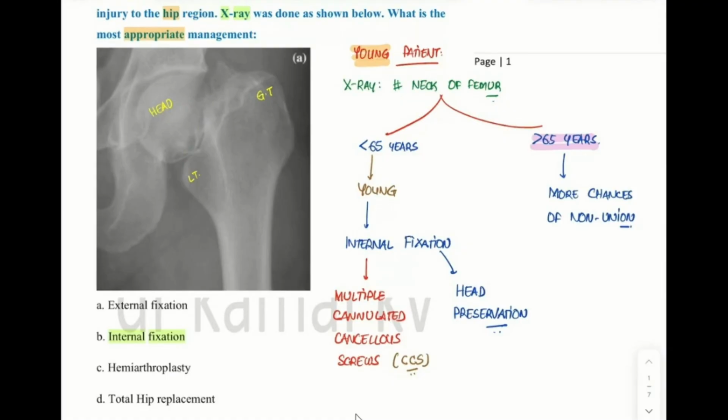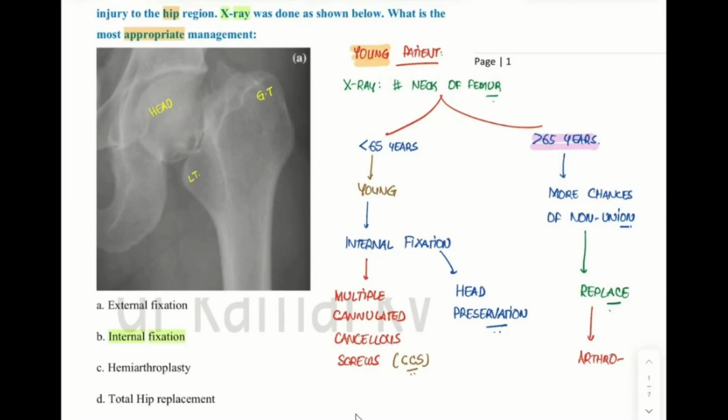So it is better to replace, right? So what we need to replace? We need to replace the head of femur, right? So this whole part will be removed. Clear? So therefore in elderly the answer will be replacement arthroplasty.